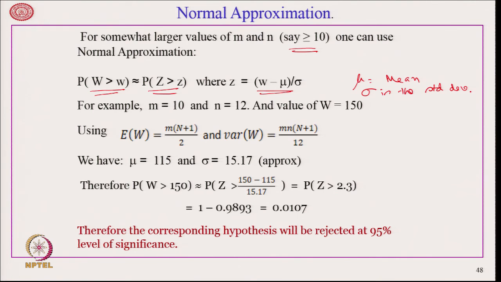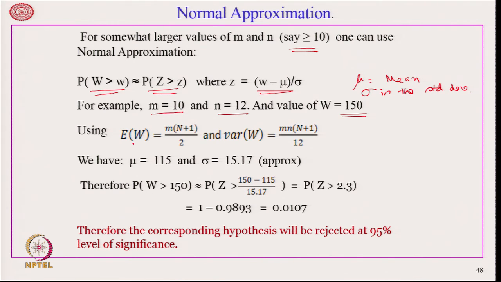As I have given you the values for mean and the variance or the standard deviation, but those values we will prove again in lecture number 5. So, for example, when m is 10 and n is 12 and suppose the sum of ranks of x is 150, question is whether we are going to accept the null hypothesis or reject that one.